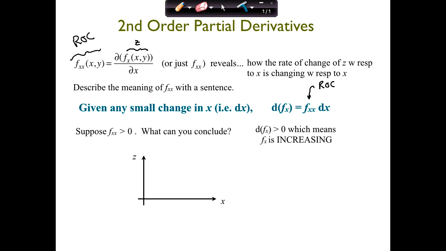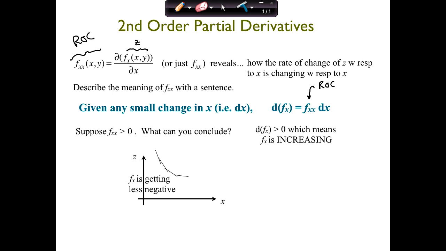So let's take a look. This is the rate of change getting less negative. It looks like that. The rate of change getting more positive looks like this. Watch it again. If the rate is negative and increasing, it's getting less negative as x increases.